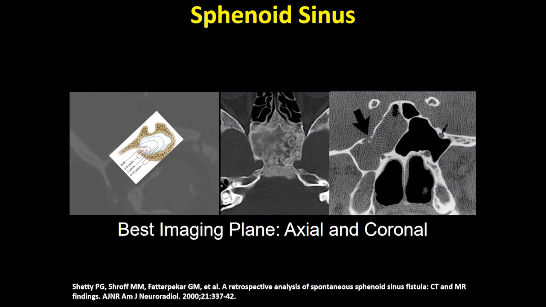It should be noted that when one evaluates a CSF rhinorrhea, if it's traumatic CSF rhinorrhea, please look at the frontal sinus, the anterior skull base carefully, but when one evaluates for spontaneous CSF rhinorrhea, the most common site is along the lateral wall of the sphenoid sinus, and that site should be evaluated more carefully.